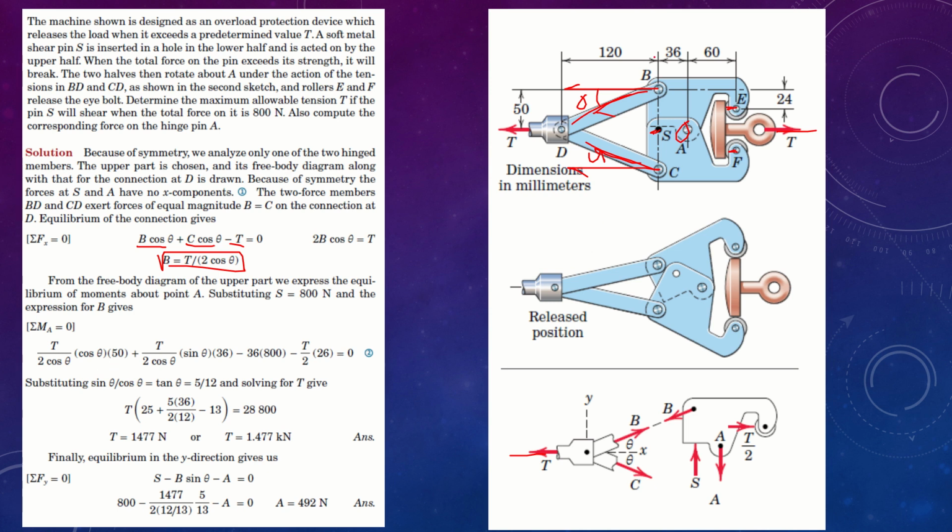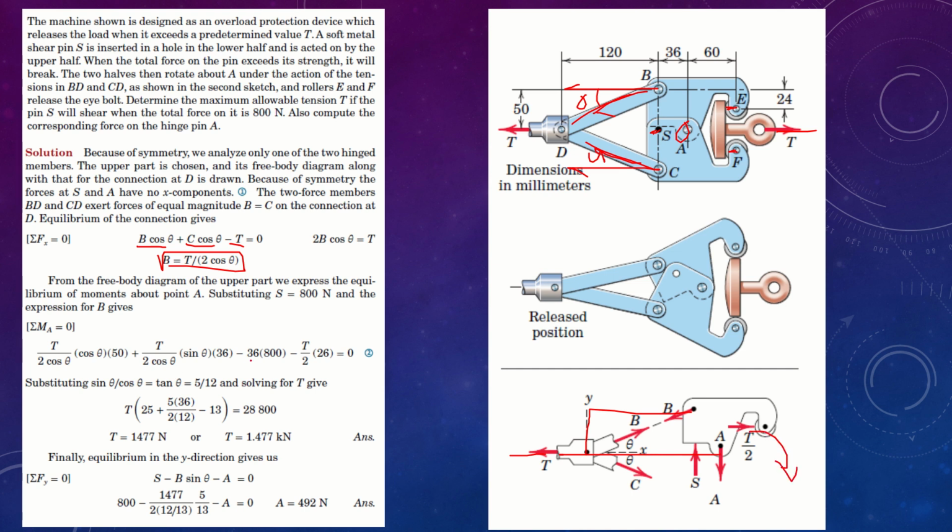It is going to cause a rotation about point A. Then this T is going to cause a rotation with a distance of 36, that is 15 minus 24, and this T is going to cause rotation about here, T by 2.